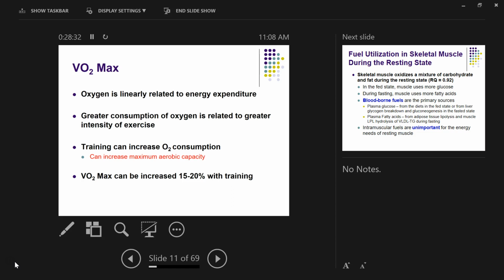Also, an important thing is that training can increase oxygen consumption. It can increase the maximum oxidative capacity. We have some information about this later. So about a 10 to 20% increase. Actually, it's 15 to 20% with training.